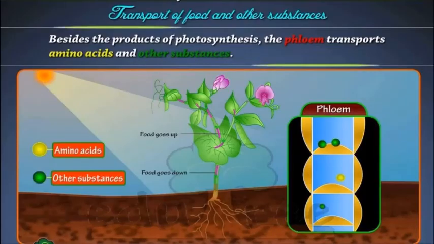Now the food that is produced in the leaf is transported to each cell in the plant body, and the excess food except the amino acid is stored in the roots, fruits and seed, and this process is called translocation. So translocation is the storage of food material into the roots, fruits and seed.